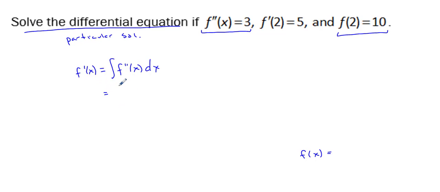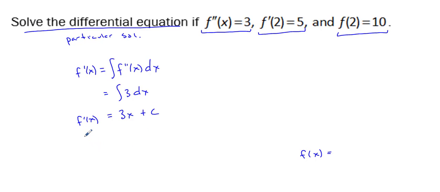Okay, so let's do that. Antiderivative of 3 dx would be 3x plus c, right? And this is what f prime is. We're halfway there. Ms. Molly, can we take the antiderivative of this right now? No. You got to find the particular antiderivative. Okay? Use your initial condition for the derivative to find the actual derivative.